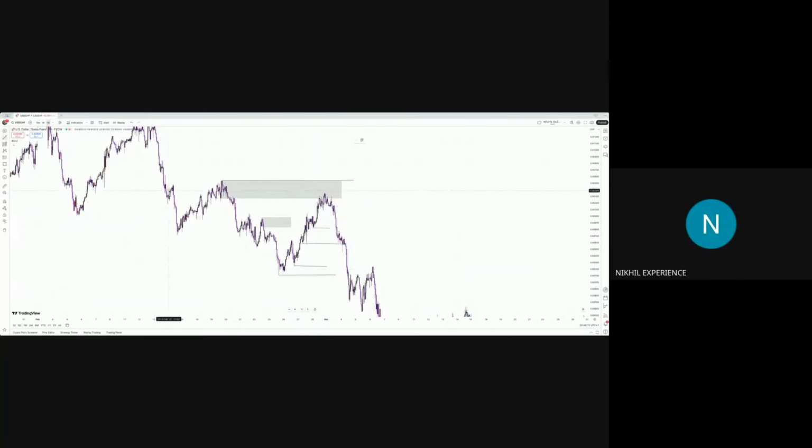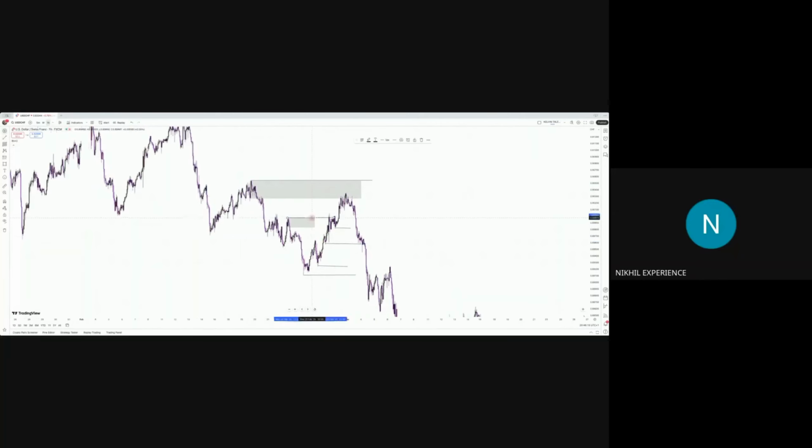Now, don't forget, some people have already taken this to be that change of character. USD CHF is now bullish. And most of them, at the extreme POI, want to buy from here. So when price takes out this stop loss, internal range liquidity, takes this one out, internal.